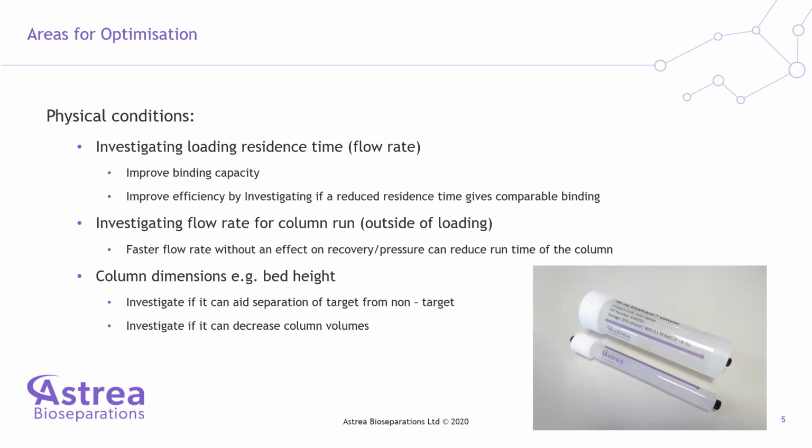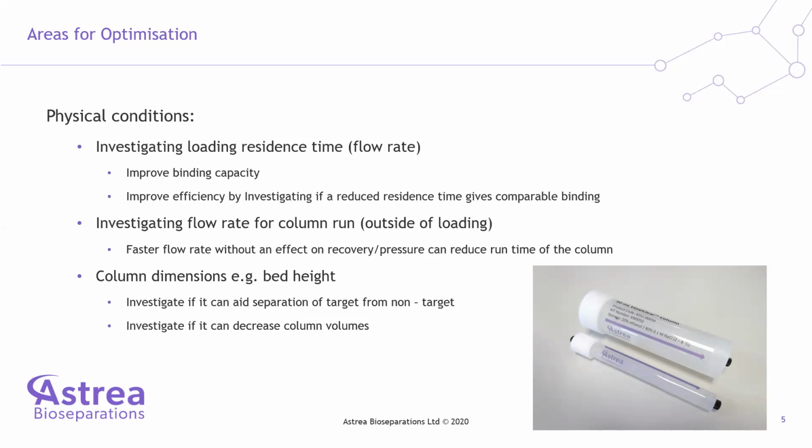Conversely, if we need to improve the efficiency of the column run and reduce the run time, we can look to see if we can reduce the residence time without having any impact on our binding capacity. If we find that we can't reduce the residence time without affecting binding capacity, we can then investigate the flow rate for the rest of the column run.